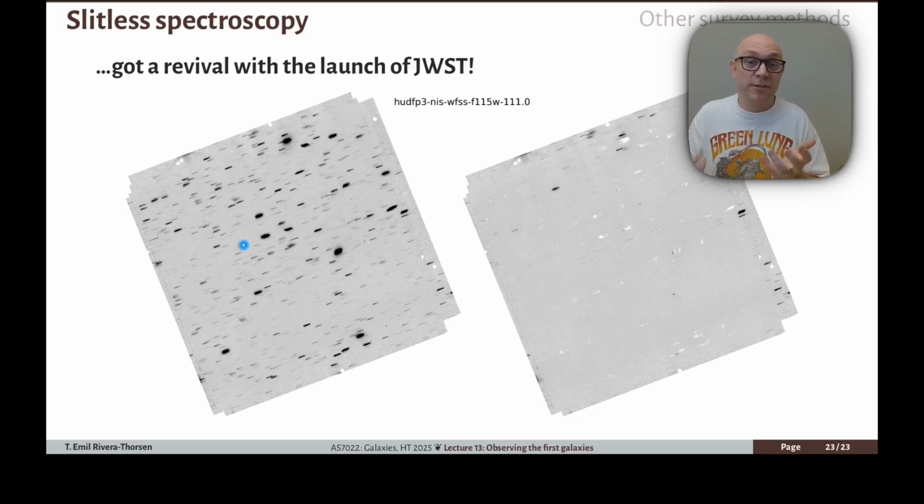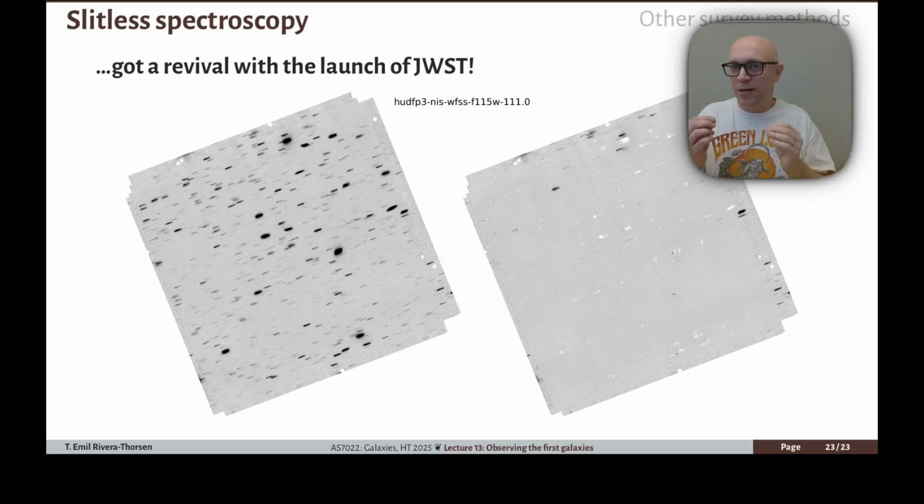And it also means that you can find rather faint objects, because the spectral resolution is so low that your signal to noise gets almost as good as it would be with imaging. But unlike with imaging or with an SED, you actually get a very reliable redshift determination of an object this way.